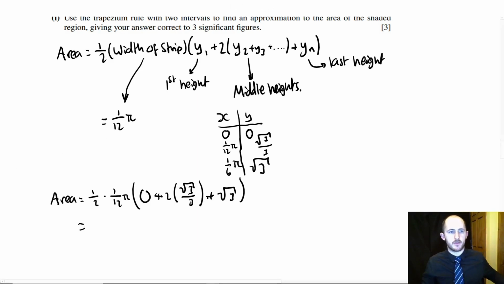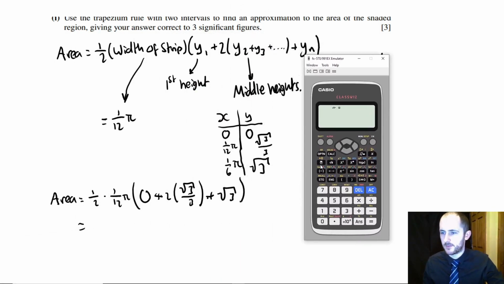So let's do that quickly just to demonstrate. We have 1 over 2 times 1 over 12 pi. I'm going to skip the 0 for obvious reasons. Whoops.